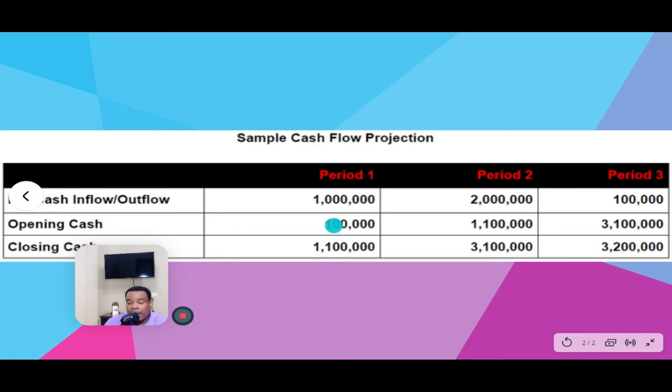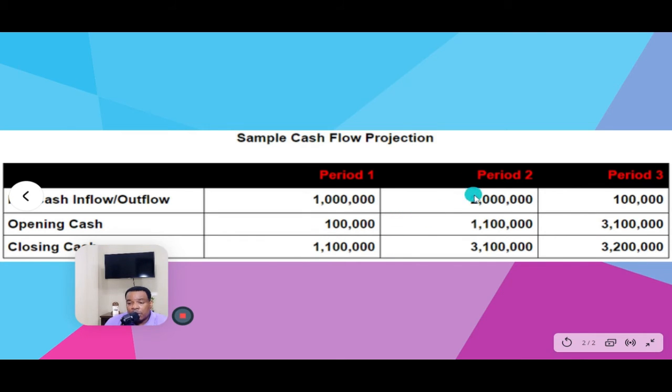So we would now have to have some way of discerning and calculating what was the cash at the start of the period. So this is where that 100,000 would have come from. And so the closing cash at the end of the first period would be 1.1 million.